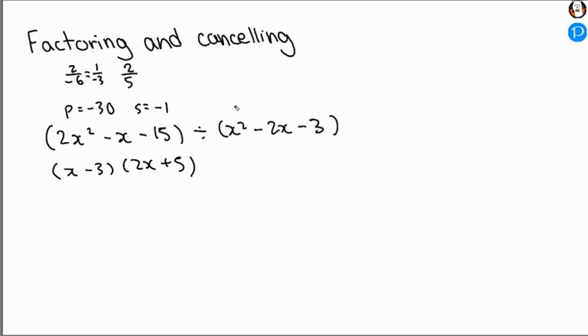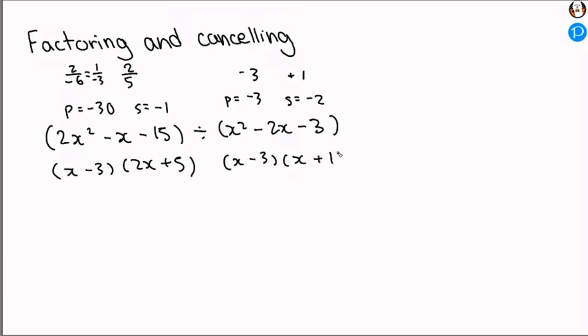For the second one, we have a product of -3, sum of -2. The two numbers we're going to use are -3 and +1. So we have x minus 3, x plus 1.